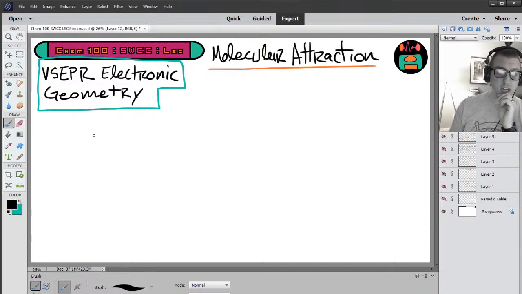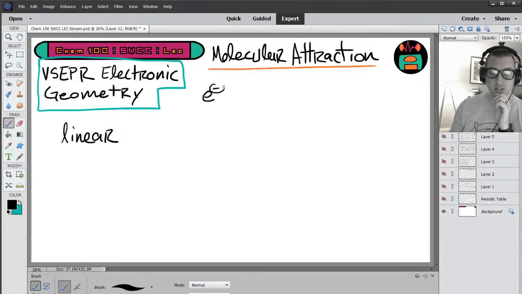So, first off, if your geometry is linear, let's remember our electron groups.